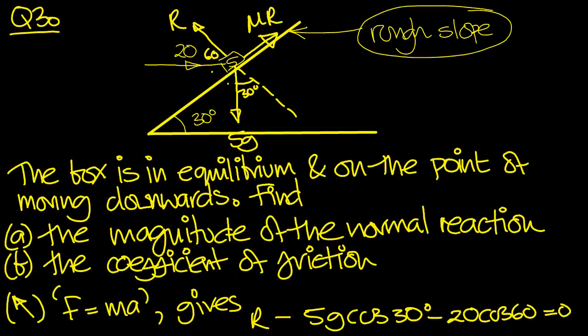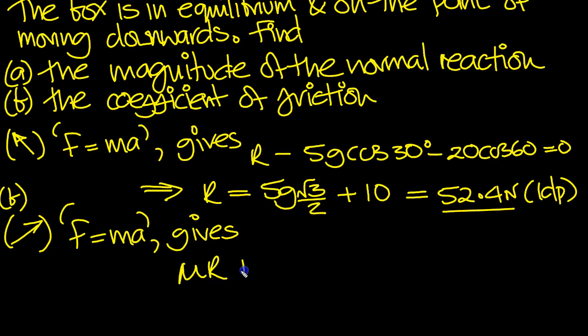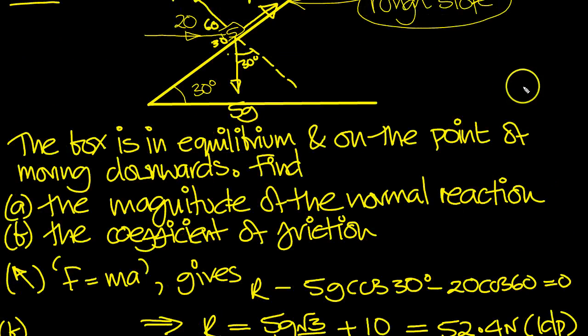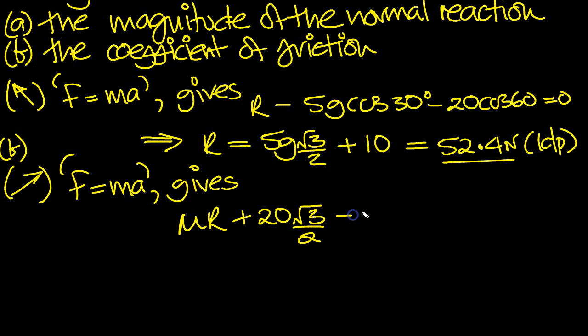So mu R plus the 20 cosine this angle, which is 30, plus 20 cos 30 then. Cos 30 is root 3 over 2, and then it's minus 5g cos 60, which is sine 30. 5g sine 30. Sine 30 is a half, and all those forces must equal 0.